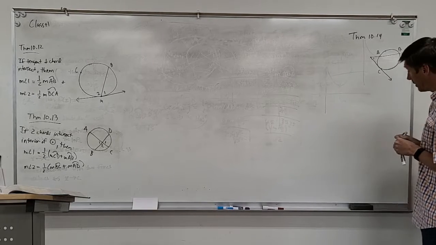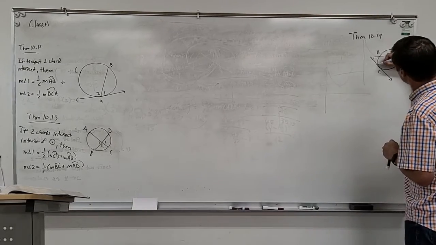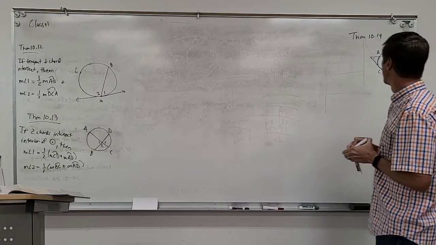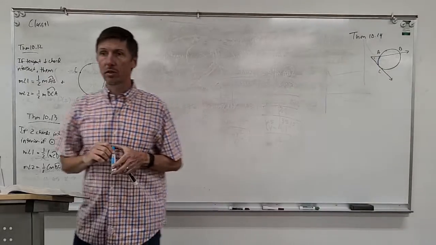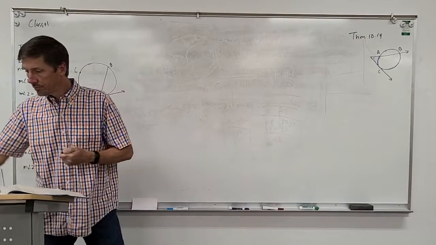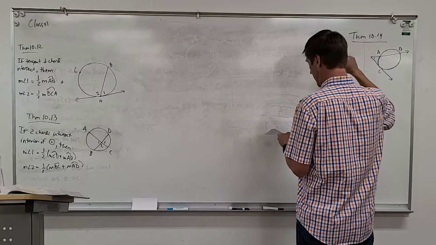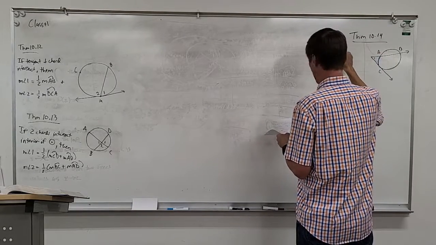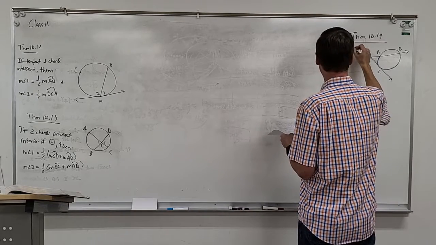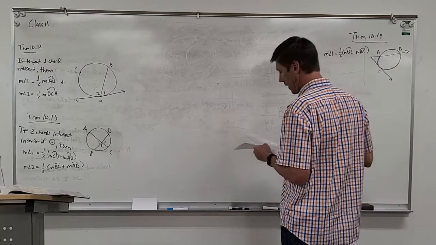Let's do it blue. So it's related to the measure of those arcs right there, okay? Theorem 10.14 says that the measure of angle 1 is equal to 1/2 the measure of arc BC minus the measure of arc AC, okay?